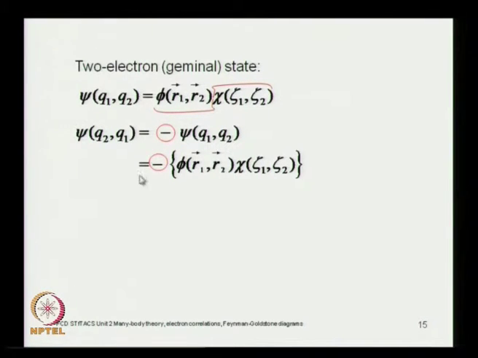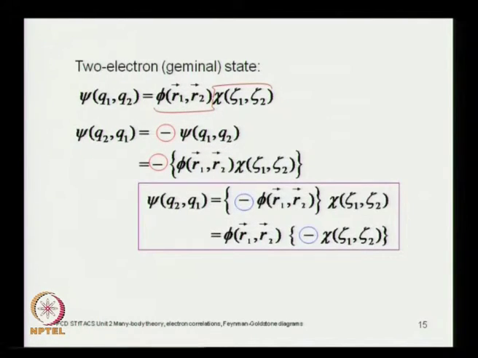You can have the antisymmetry of the wave function: when you interchange q1 and q2, so that the first one is q2 and the second one is q1, the wave function must change its sign, but this sign must be attributed either to the spin part or to the orbital part, and either of the 2 possibilities will give you an antisymmetric wave function.